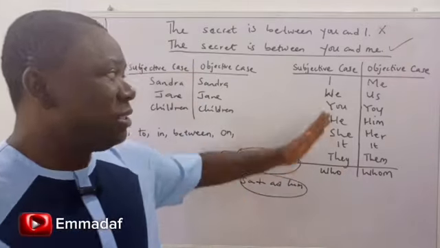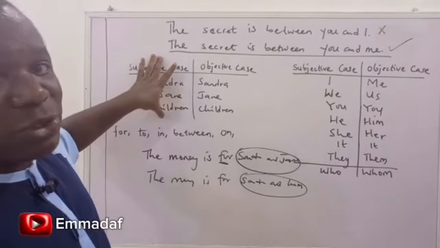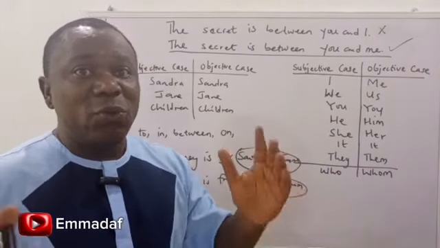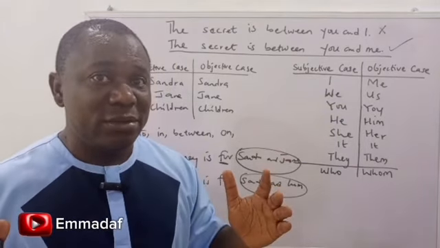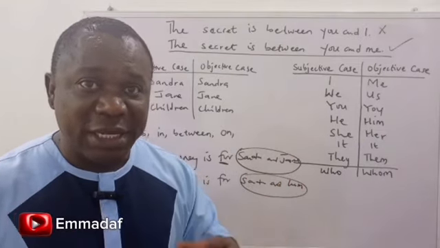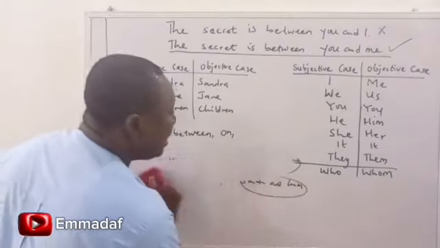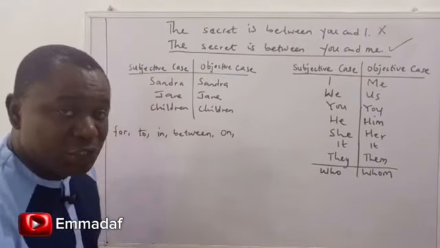Now look at this table. Nouns don't change their forms when they function as subject or object in a sentence. I repeat, nouns don't change their forms.